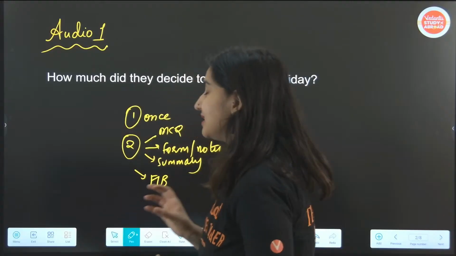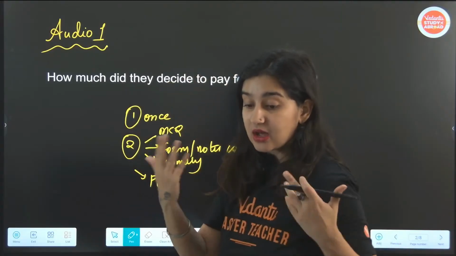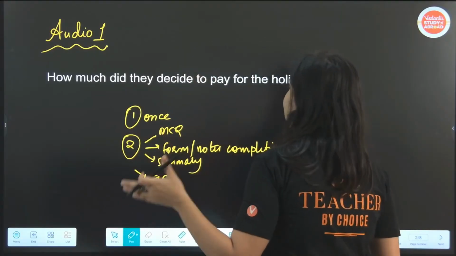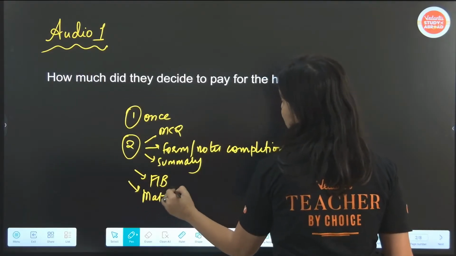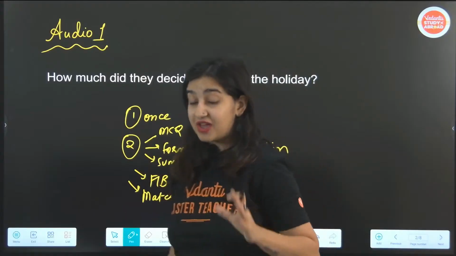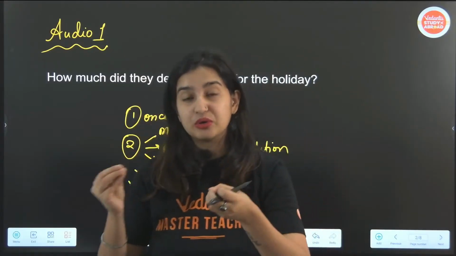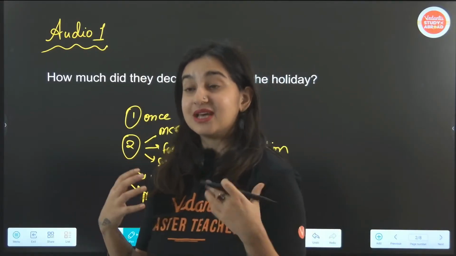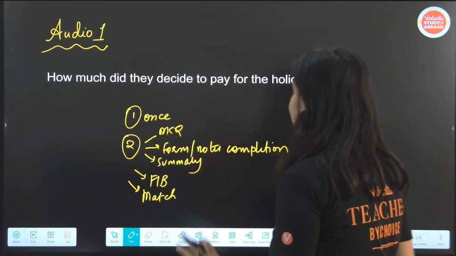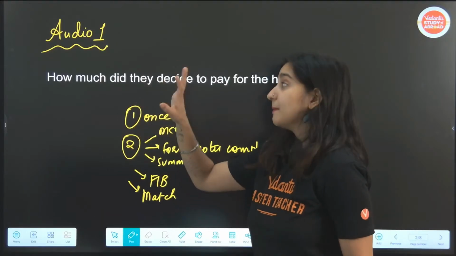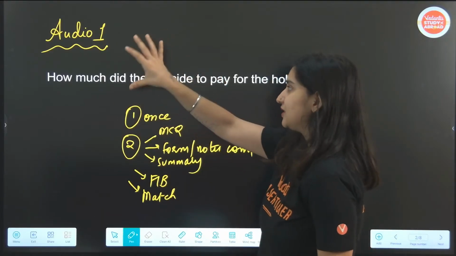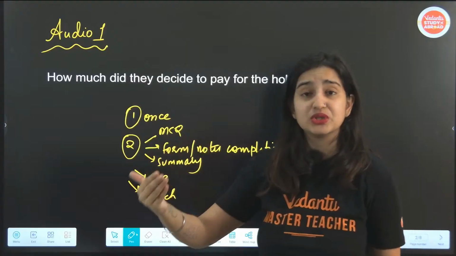But just keep in mind that before I start reading out the audio for you, make sure that you assess what kind of a question it is. It could also be a match question. I think match questions are very confusing. They require a lot of skills to be demonstrated simultaneously. So pay very careful attention to the match questions. So before I start reading out the audio, make sure you have a fair idea of the question that you're answering.